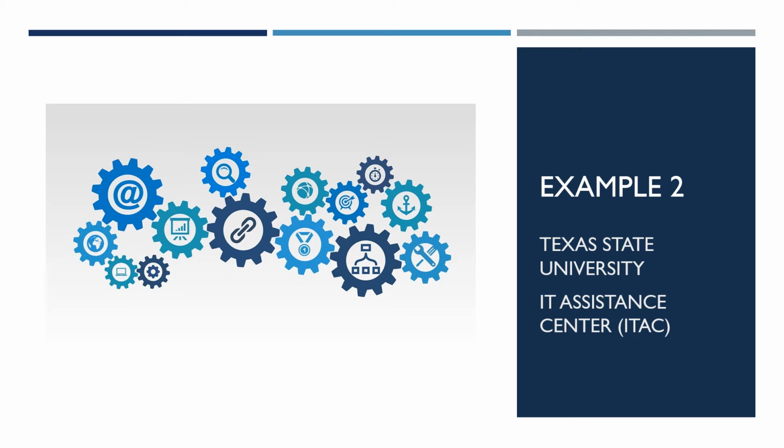Another example of a BPR is the re-engineering of IT support process at Texas State University. The IT Assistance Center at Texas State University implemented a major business process change that transformed the customer support process. This process used to heavily rely on individual technicians to provide support with human interactions.